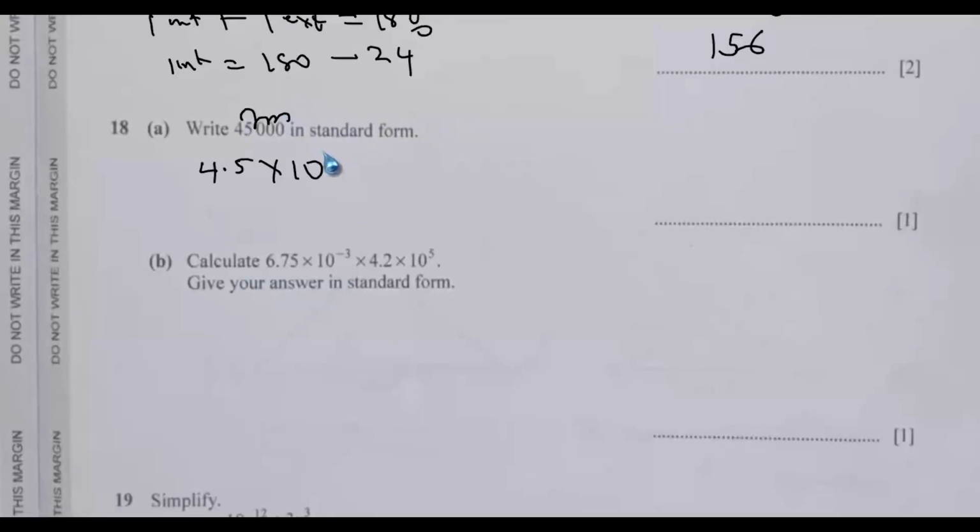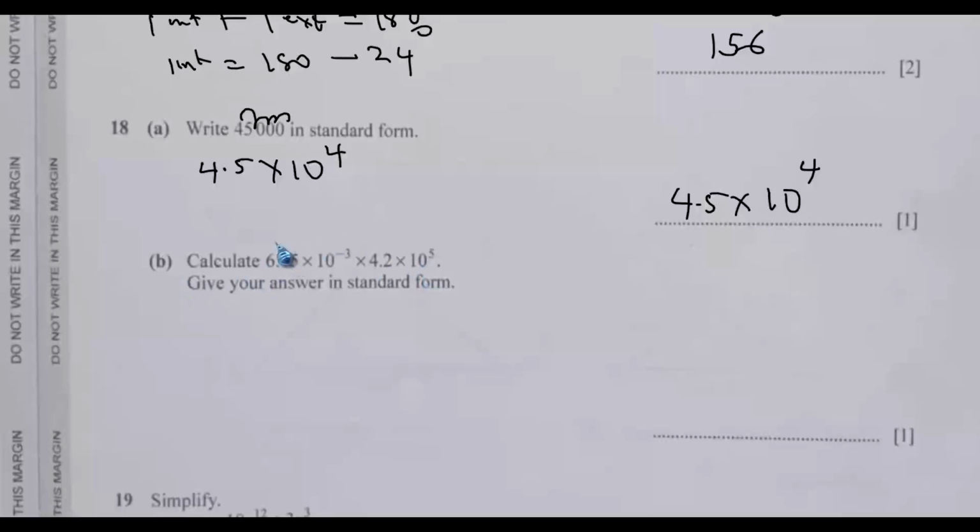So to the power of positive 4. So that will be your answer there. So we have 4.5 times 10 to the power of positive 4. So the part B, we have to calculate 6.75 times 10 to the power of negative 3 by 4.2 times 10 to the power of 5.